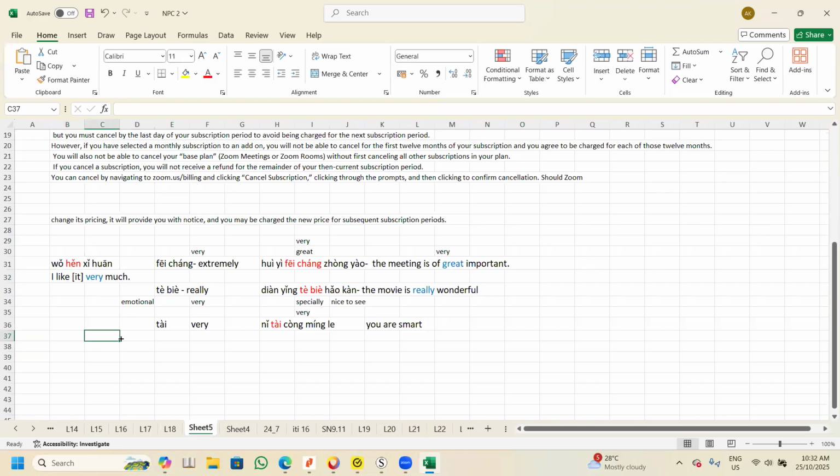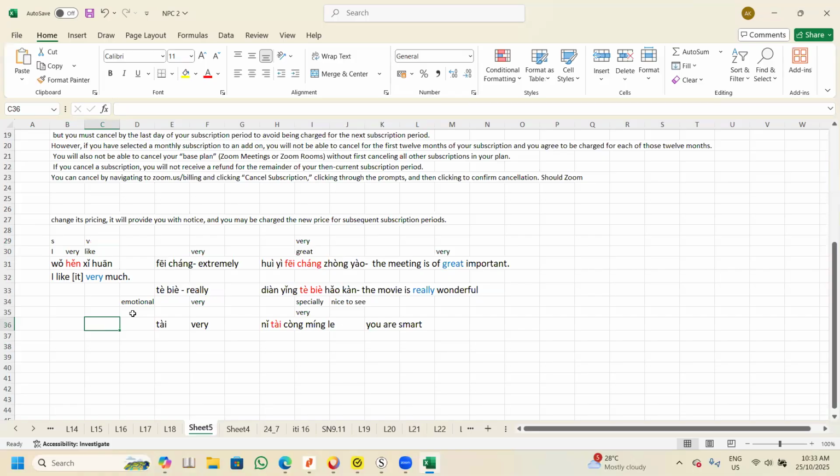See that? 我很喜欢, I very like. This is I. In Mandarin this is I, this is very, and 喜欢 is like. This is the subject, the English verb.